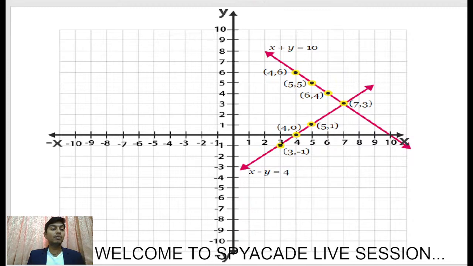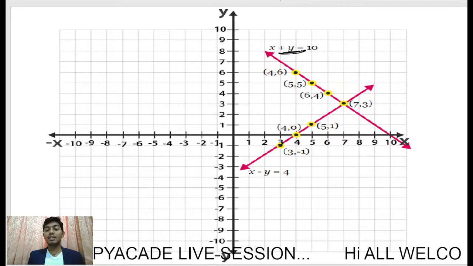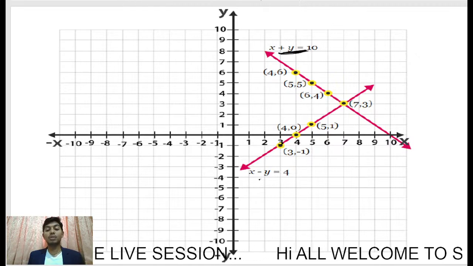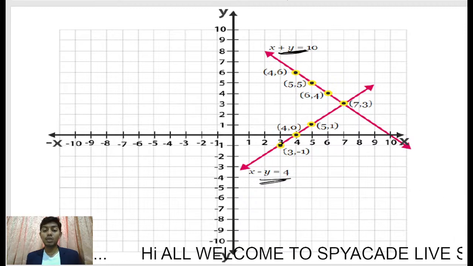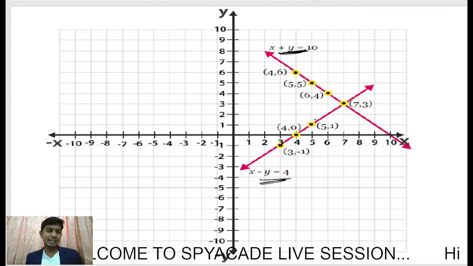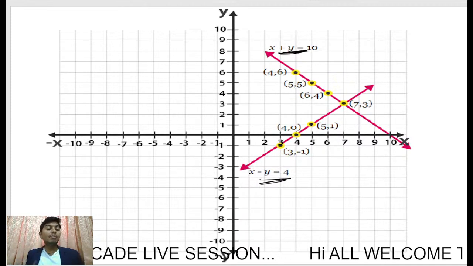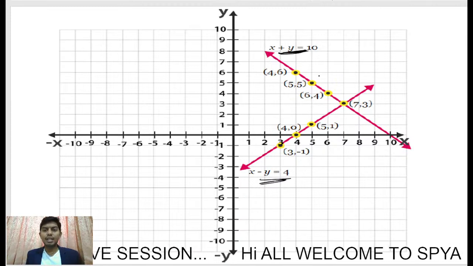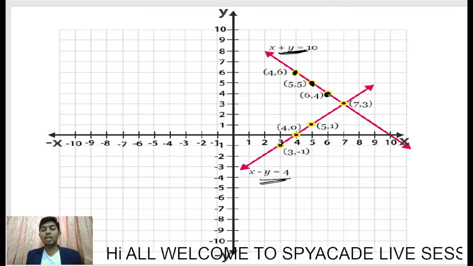See, there are 2 different lines. After substituting here, you will be getting, this is the line for x plus y is equal to 10, and here it is for x minus y is equal to 4. When you substitute all these points, still it will not intersect at some place. Okay, you have to extend the line, because we found only 3 points. Now see, this is point 1, point 2 and point 3.